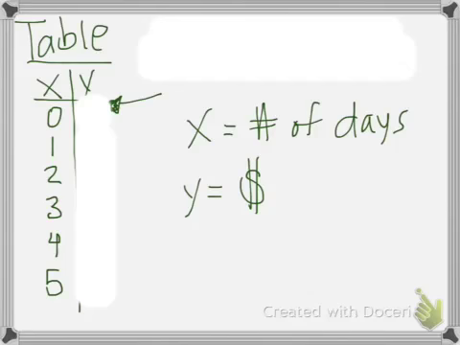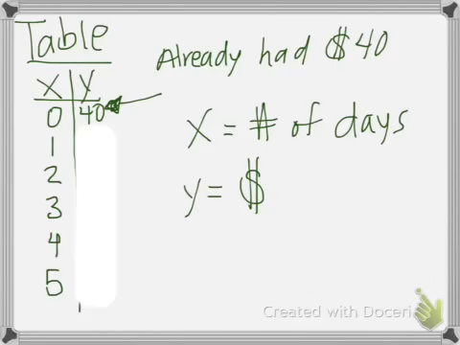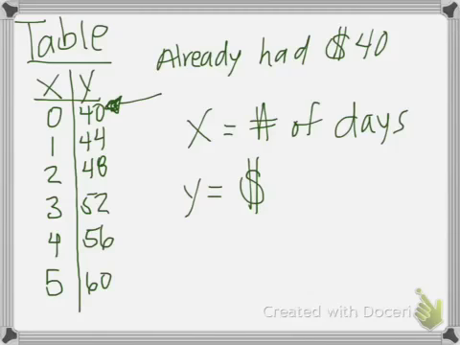The words show us that he already has $40 saved, so we put 40 next to 0. Next, the words tell us that he earns $4 every day, so on the Y column, keep adding 4 to the previous number until you reach 5 days, which should give you $60.